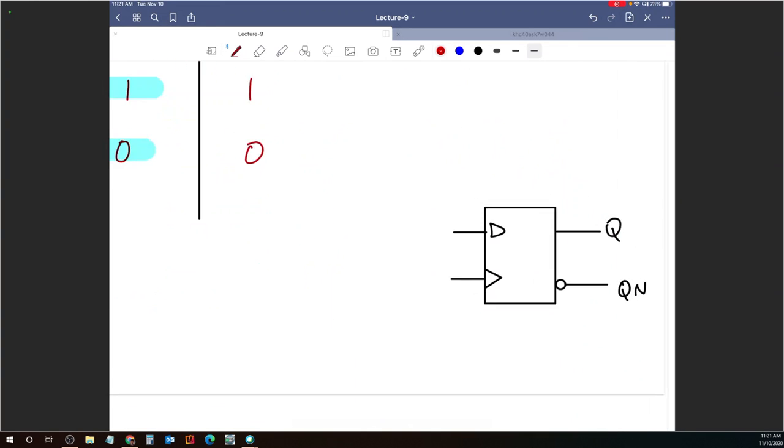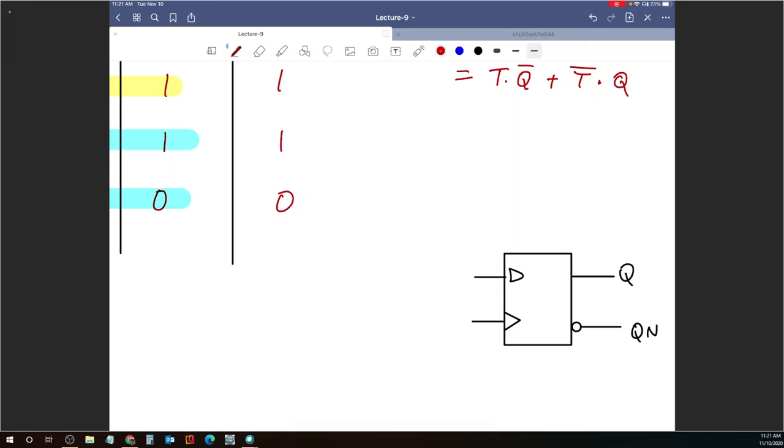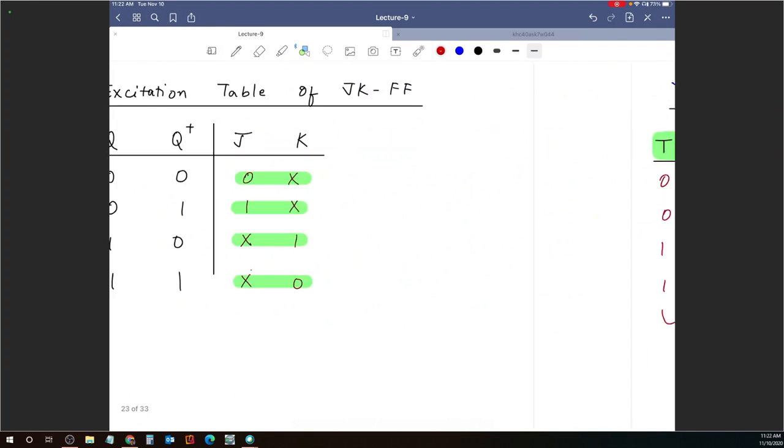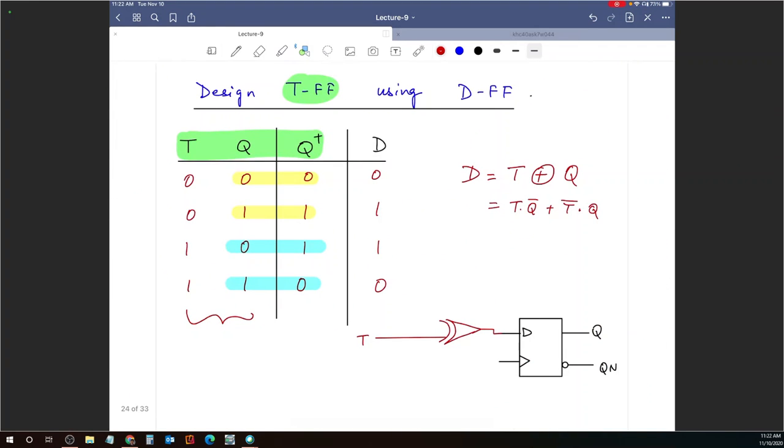Let us try to build it here. So I already have a positive edge triggered D flip-flop drawn. I'm going to sketch my exclusive OR gate, which is going to drive my D input. And somewhere over here, I have a toggle input, which is essentially going into my exclusive OR gate. The other input of the exclusive OR gate is Q. So what I'm going to do is go back here, go top.